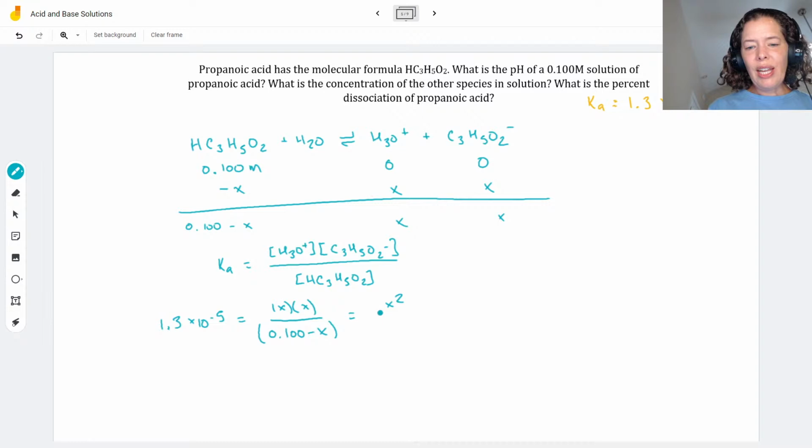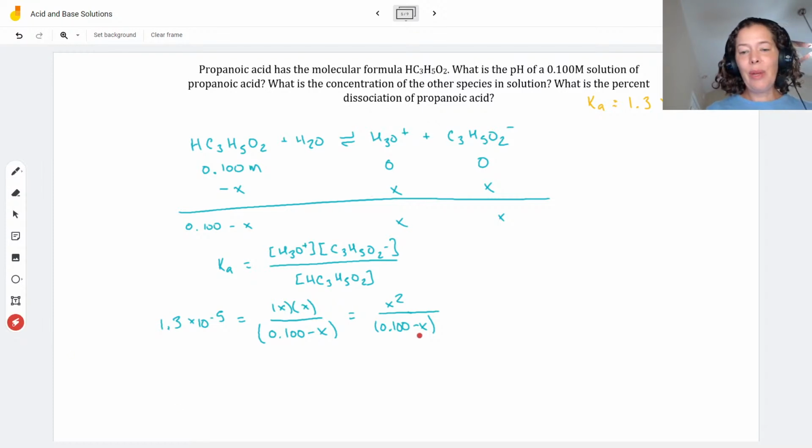So this is really just x squared over 0.1 minus x. This is obviously a quadratic. Now we can simplify this and use the quadratic formula, or we can test and see if maybe we can drop this minus x, because then that just makes this equation so much simpler to solve.